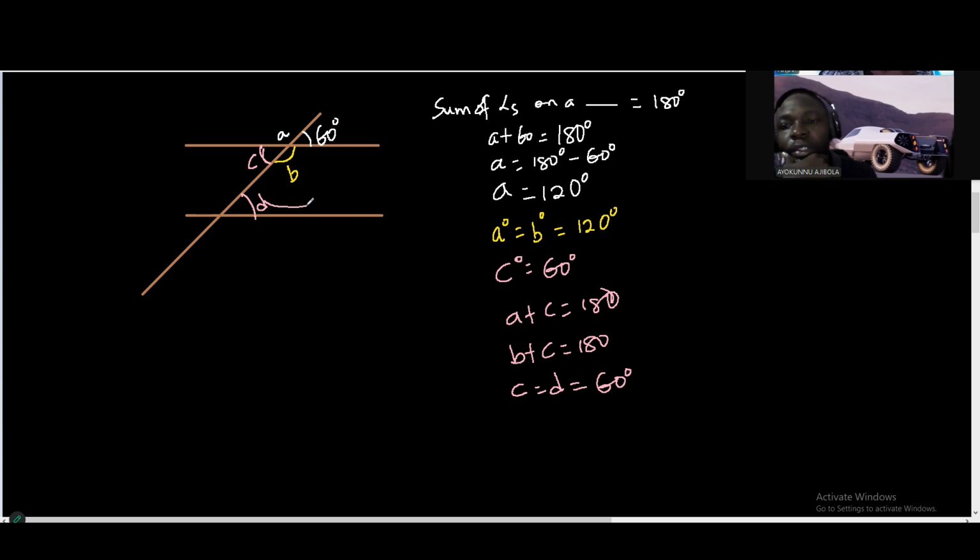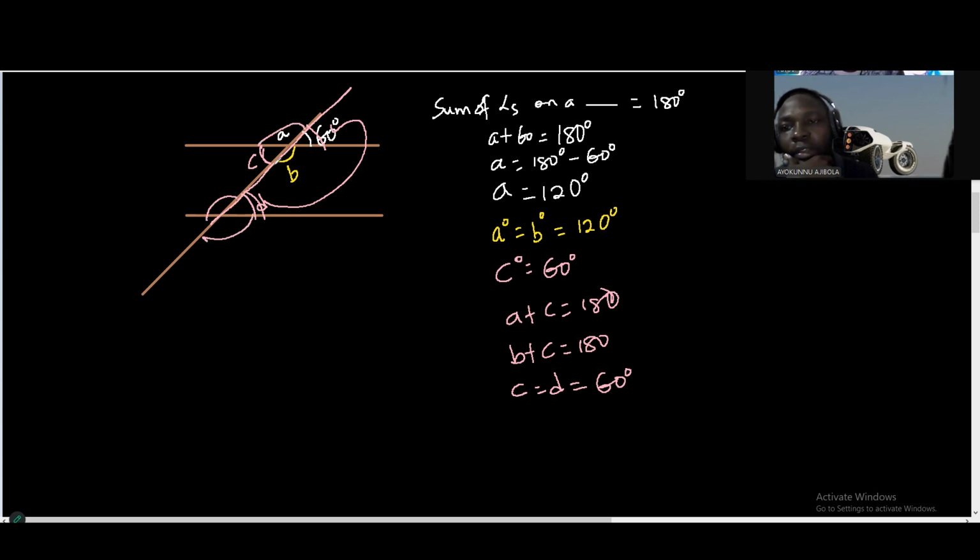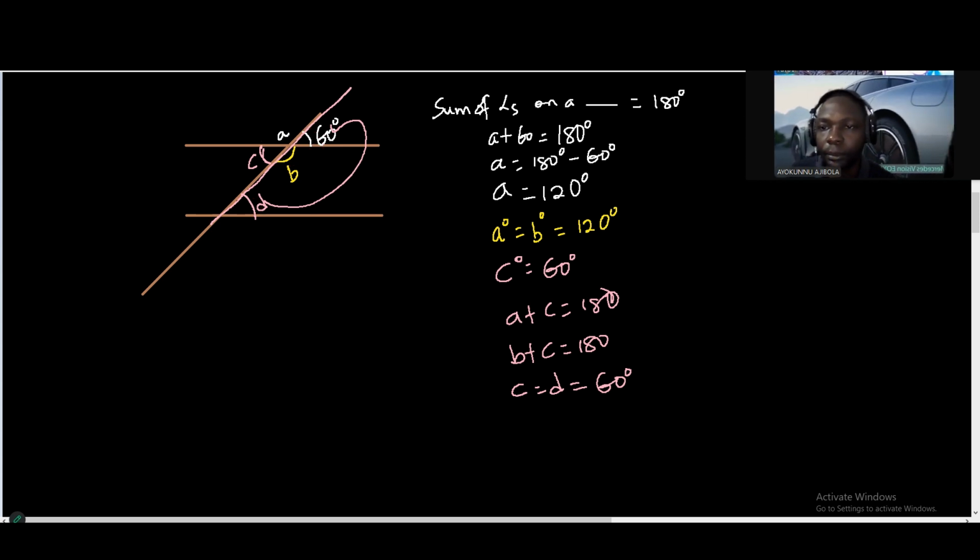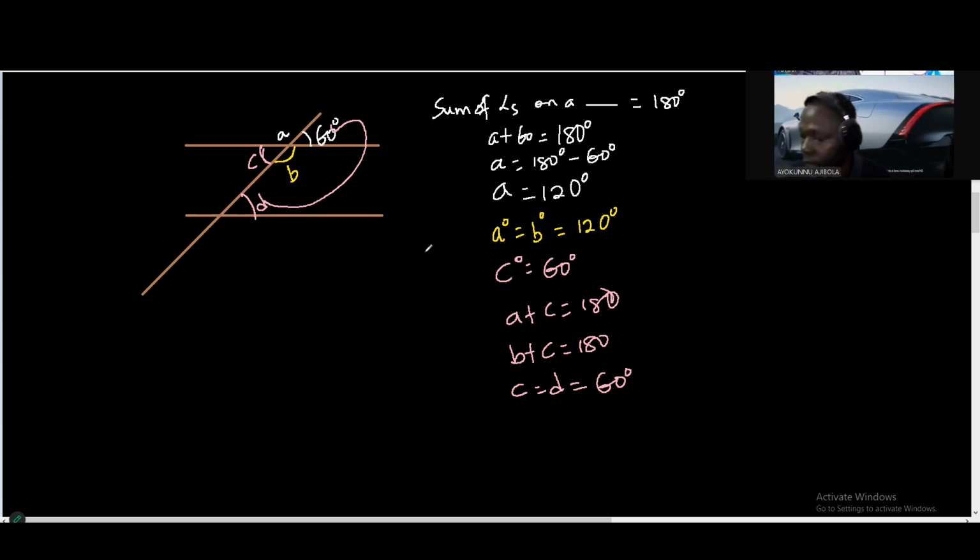Now, D is corresponding to 60 also because it is the same line that cuts the parallel lines. The angle on the right is corresponding to the right, the angle on the left is corresponding to the left, the angle at the base here is corresponding to this, and the angle here is corresponding. So all those angles have to be equal. Is that clear?